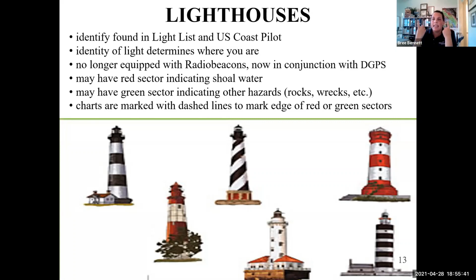So you might have these landmarks and you're like, oh, it's the Pink Hotel, or whatever it is that you see as a landmark from the water because you recognize it. But if it's not on the chart, we can't use it as that aid to navigating. So we want to look at that Coast Pilot and that Light List to really find what we're looking for to help us navigate.